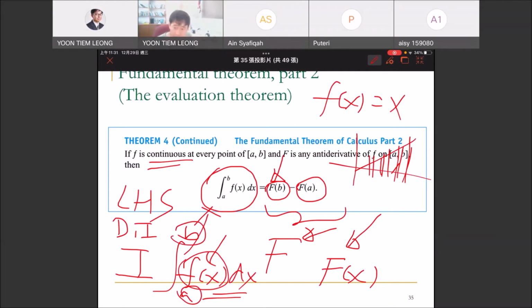So the fundamental theorem of calculus allows you to obtain the definite integral in terms of indefinite integrals evaluated at the limit values. So this is the gist of the fundamental theorem of calculus.